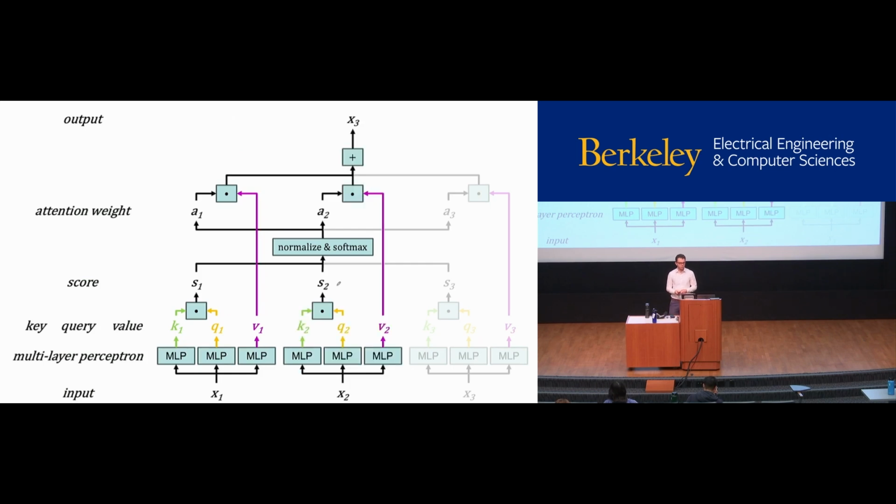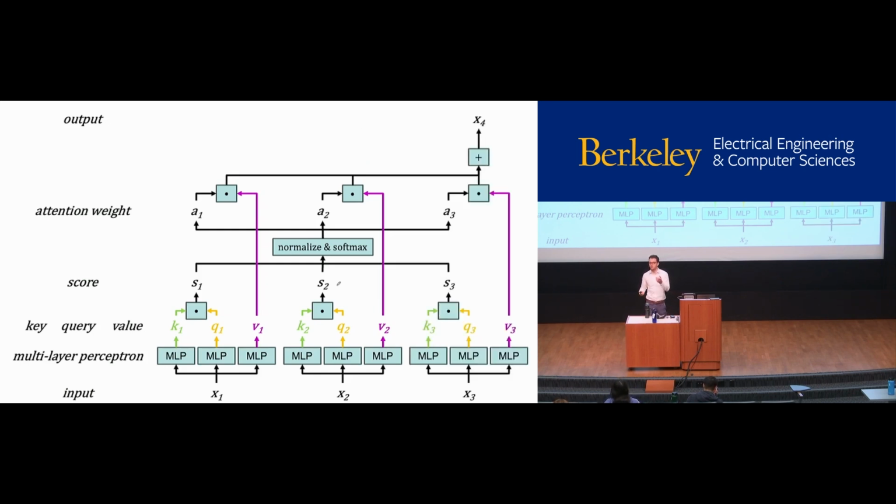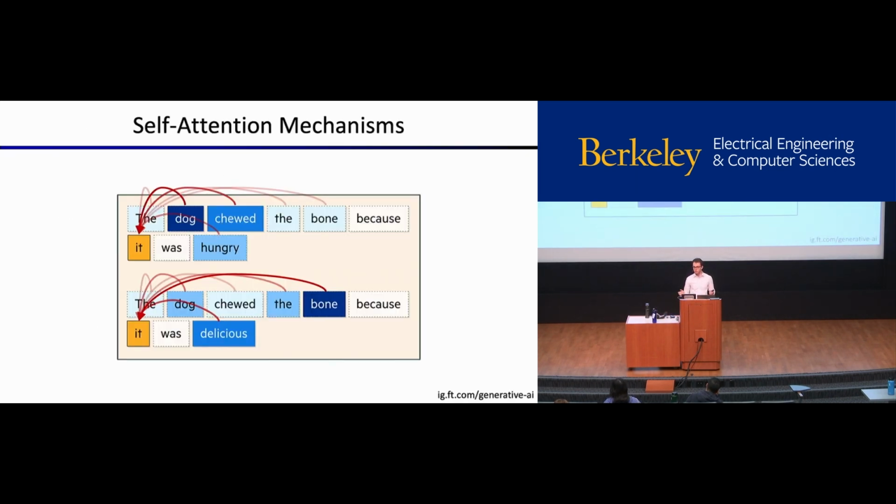Then when you get x2, you feed x1 and x2 into your network. Now you're predicting x3. And once you have x3, you can feed in x1, x2, x3 and predict x4. Each time the network is looking at all of the different inputs, encoding them into these values and keys and queries, and figuring out how much attention it should be paying to all of the inputs. That's how it's coming up with the different weights, the ones that we saw a little while back. So how does it compute these weights?